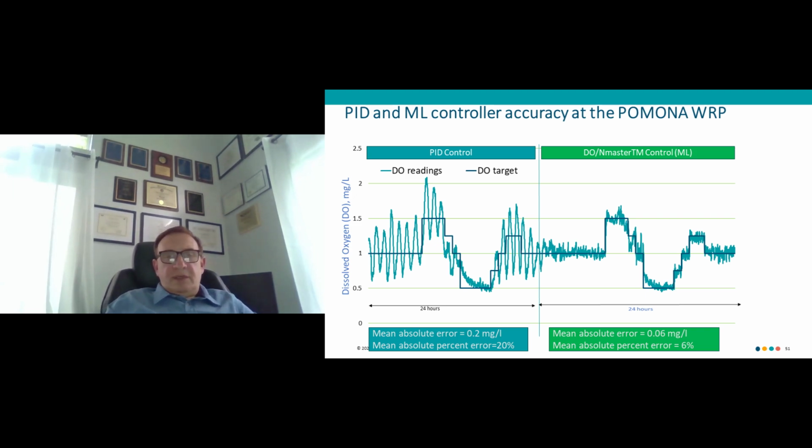Comparison of DO using the ML method versus PID showed that the error was decreased more than 3 times and approached the accuracy of the DO meters that were installed in Pomona.